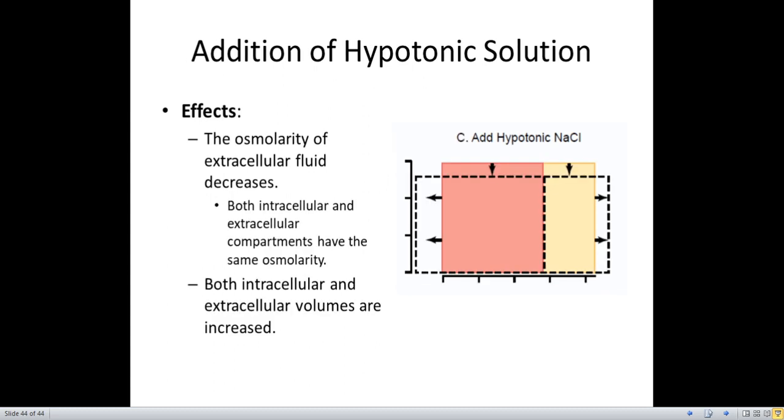And lastly, we'll see the effects of addition of hypotonic solution. The osmolarity of extracellular fluid decreases. Now both intracellular and extracellular compartments have the same osmolarity, but both intracellular and extracellular volumes are increased.